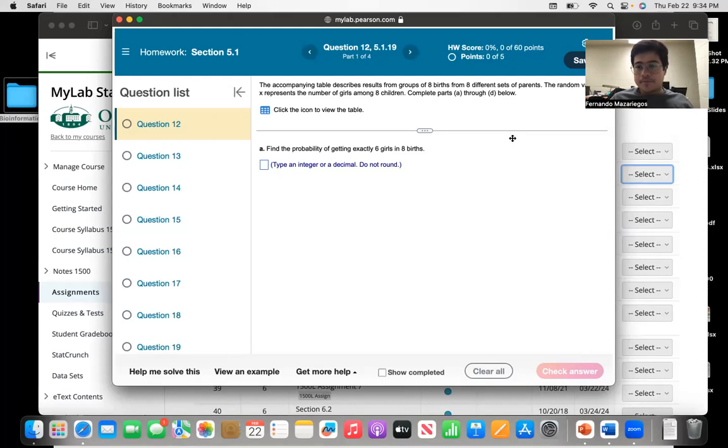For section 5.1, we are defining what a random variable is. Whenever we have an event, we have certain outcomes, and each one of those outcomes is going to be a number. We will associate a probability to each one of those outcomes.